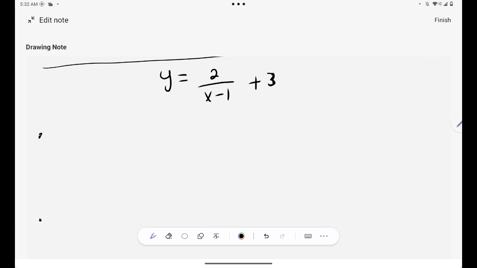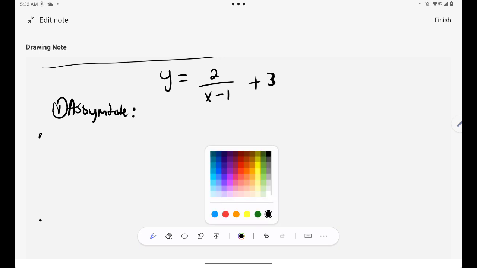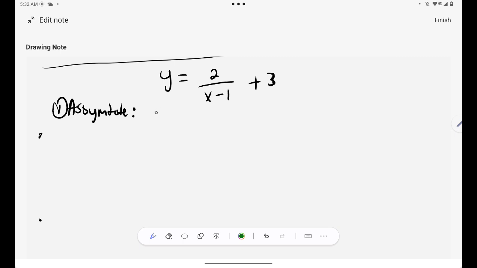Okay, let's draw our graph. Step number one, our asymptotes. For the horizontal asymptote, y is equal to 3. And then for our vertical asymptote, x is equal to 1.